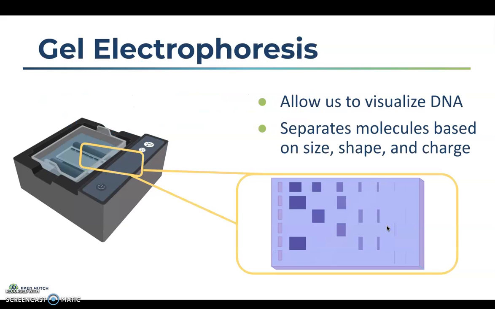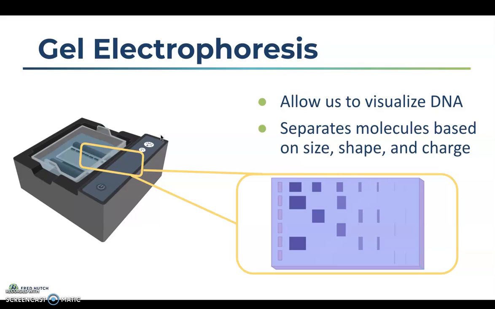Now, how do we end up seeing those differences? DNA is microscopic, and we can't just count the number of copies of the STR. So we have this technology called gel electrophoresis, and this is really cool. What we have here is actually an electrical box. And it turns out that DNA has a negative charge.